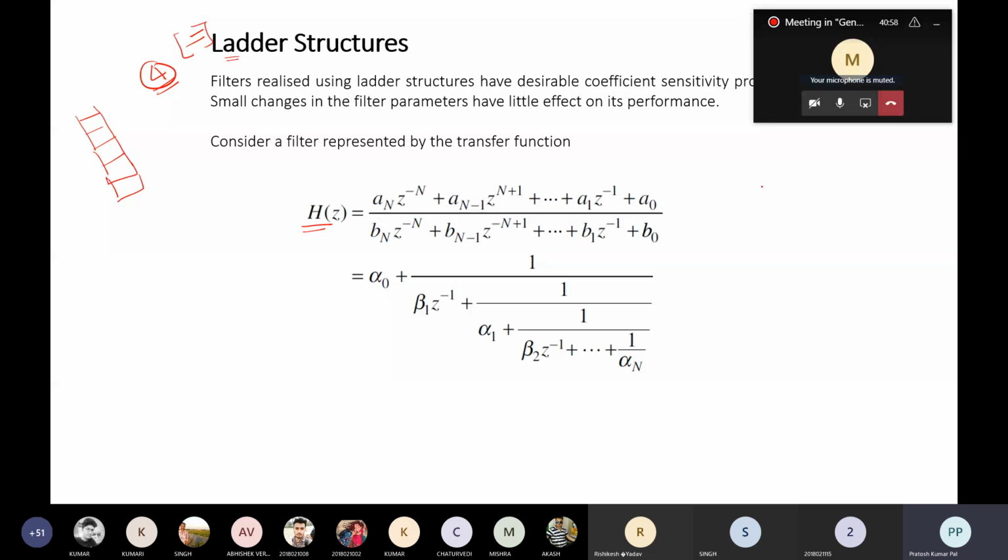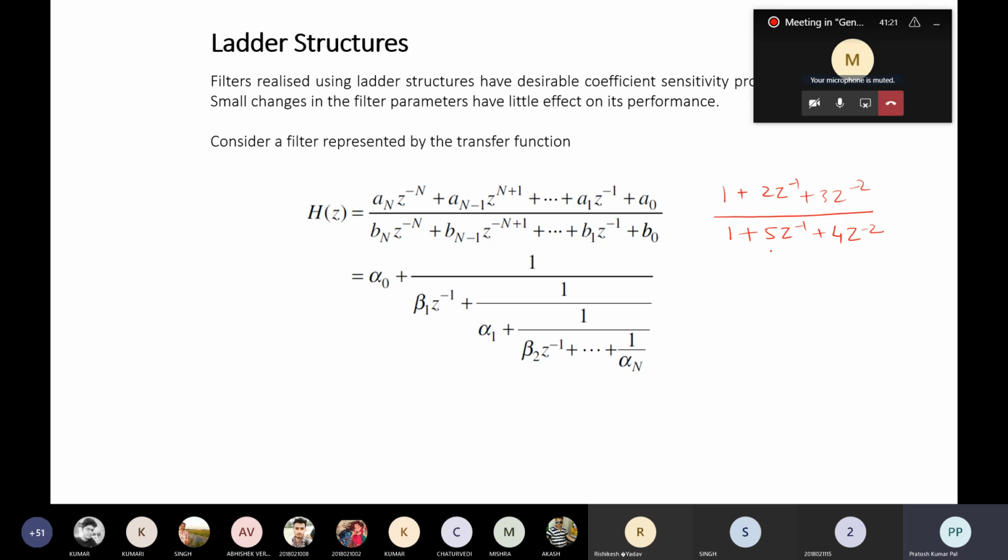Whatever system is there, suppose it is 1 plus 2 z inverse plus 3 z to the power -2, over 1 plus 5 z inverse plus 4.